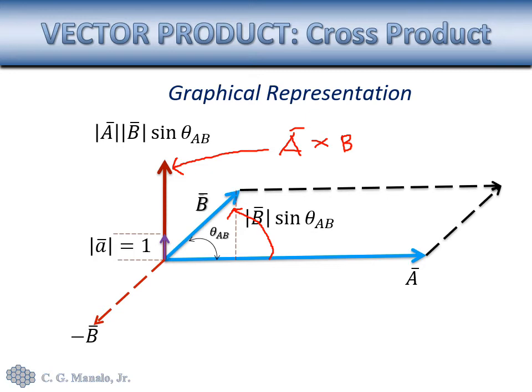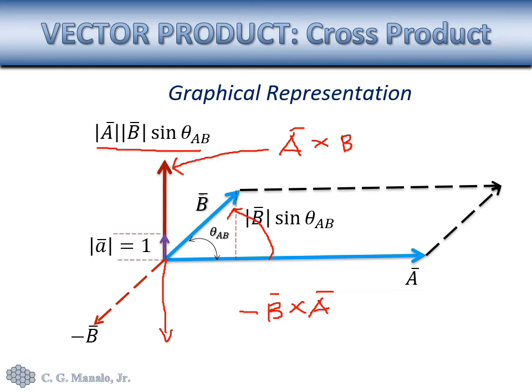However, if you want the cross product B times A, the result would yield a vector that will look like that, which has the same magnitude as this one, but in the opposite direction.